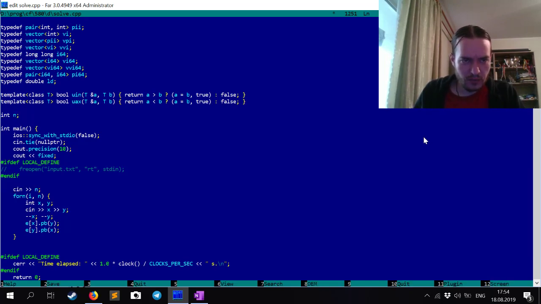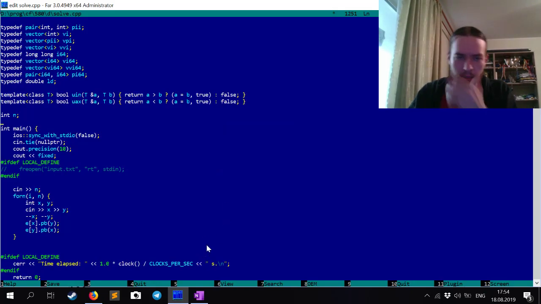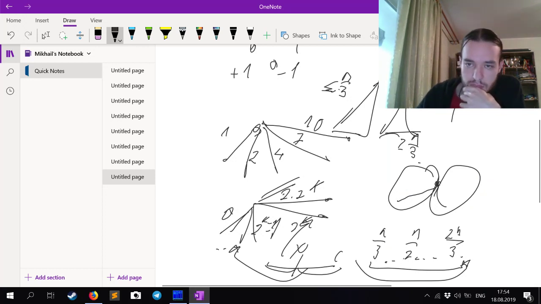We have to be sort of careful with all this rounding. So how do we put this rounding here?